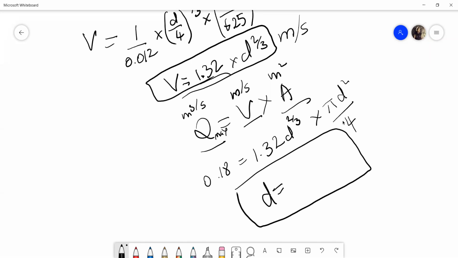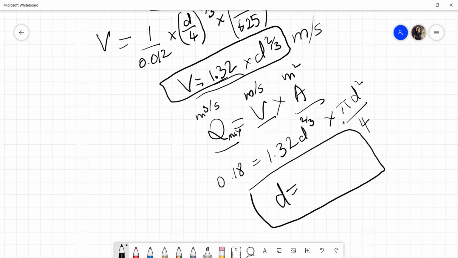Let's find out and tell me the answer of D. Yes, I want everyone to try this problem fast.